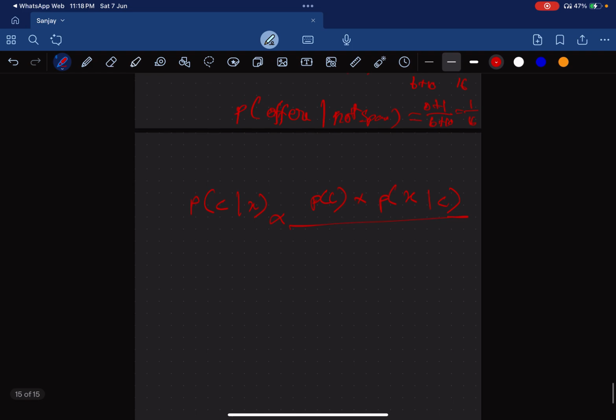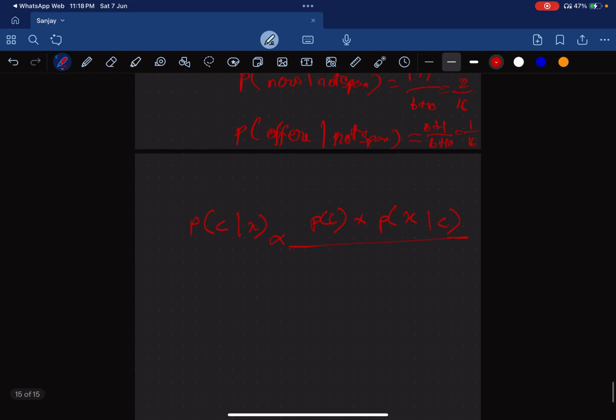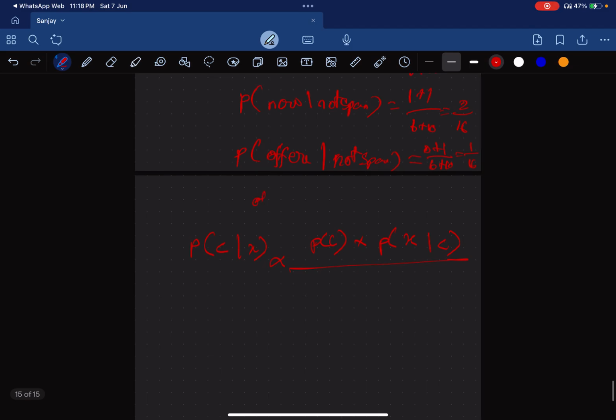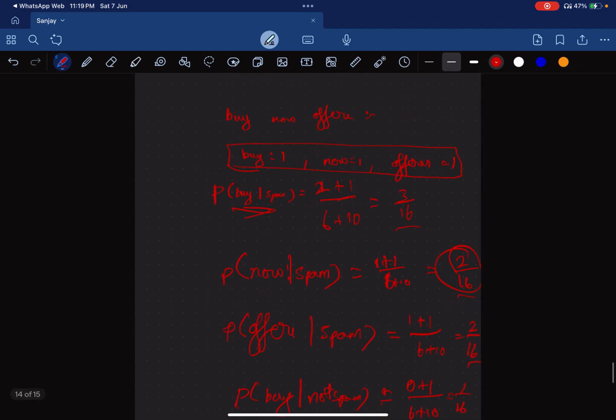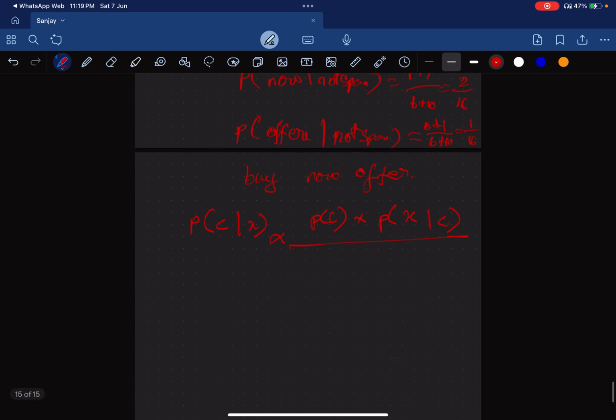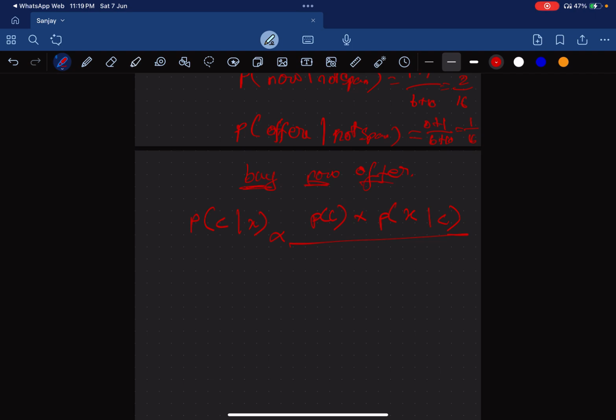In this multinomial Naive Bayes algorithm, each word is considered as a feature. In the given input, like "buy now offer", each word is considered as a feature in multinomial.